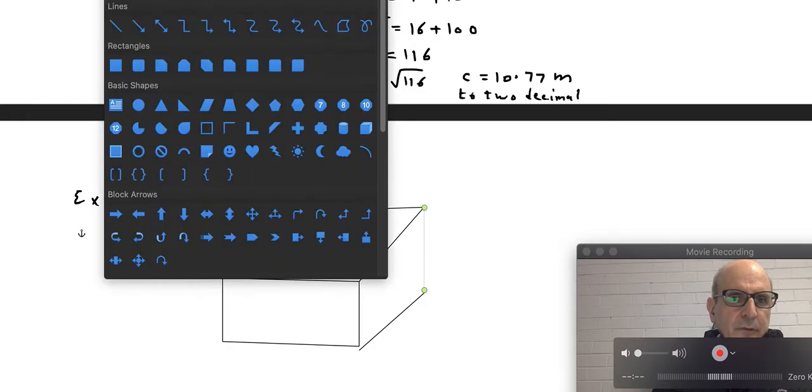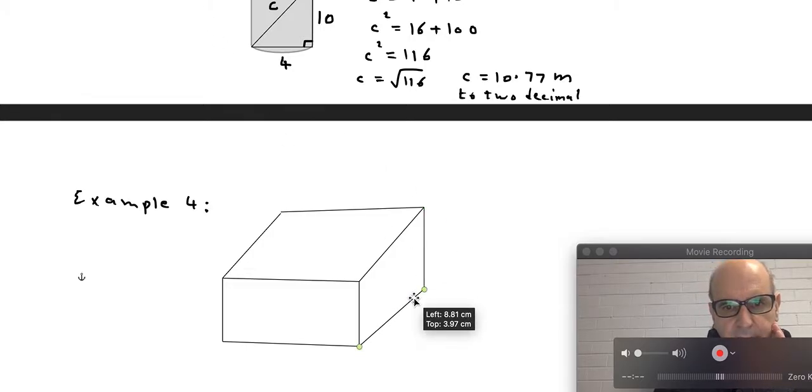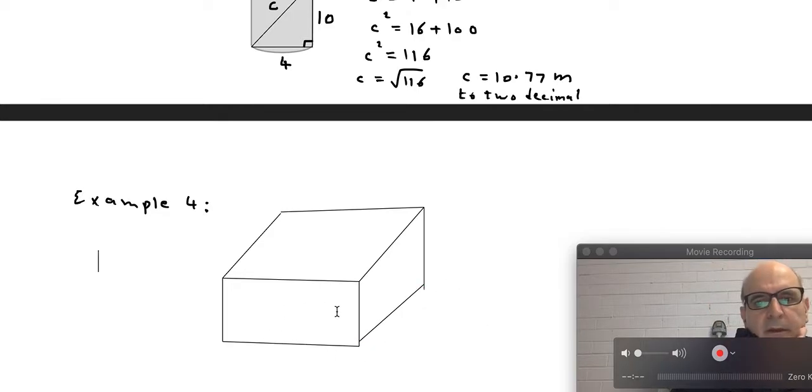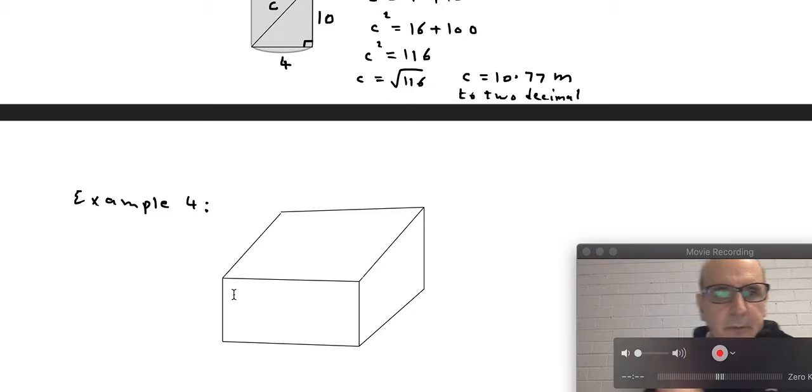So this is going to be a three-dimensional application of Pythagoras theorem. All right, so basically what we are interested in, as you can see, this is a rectangular prism.